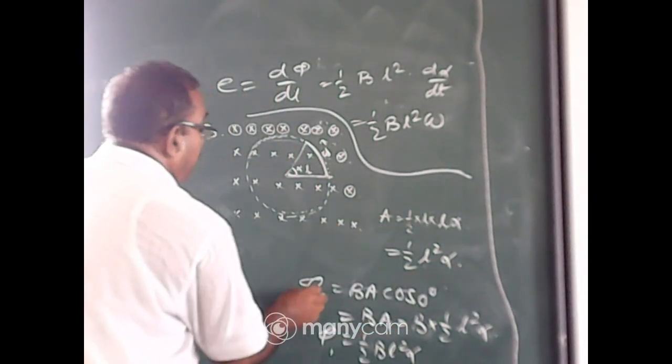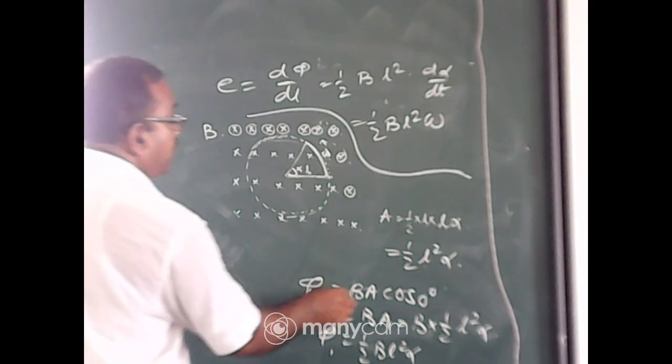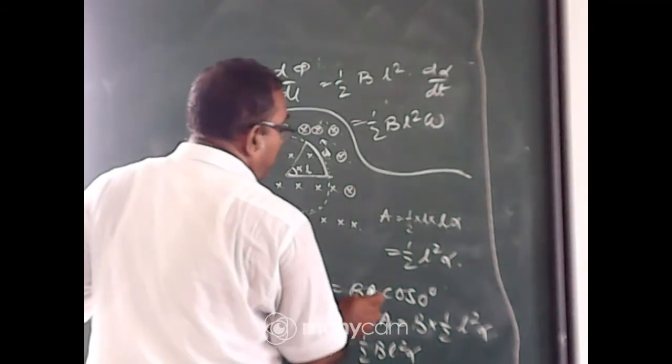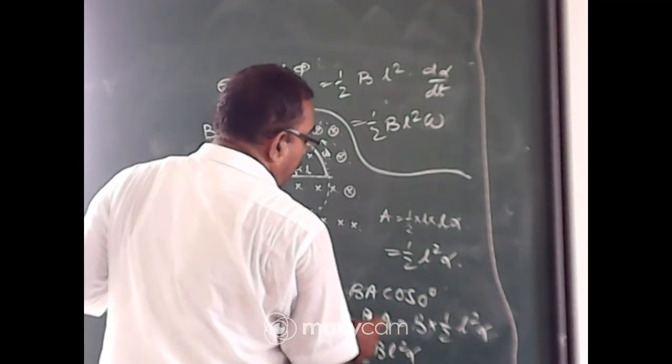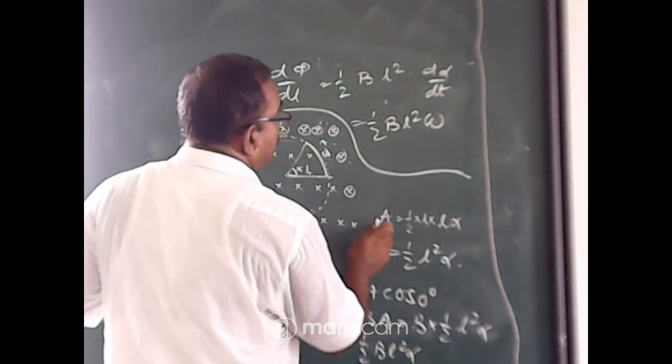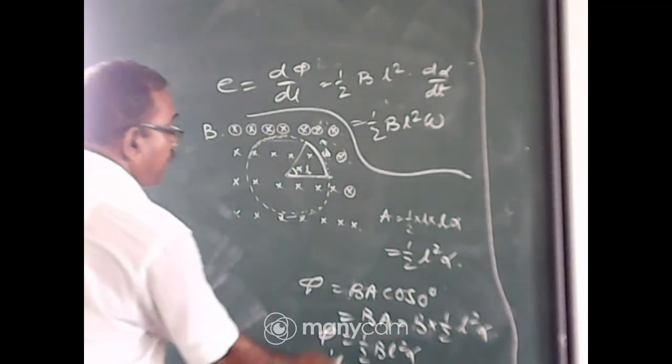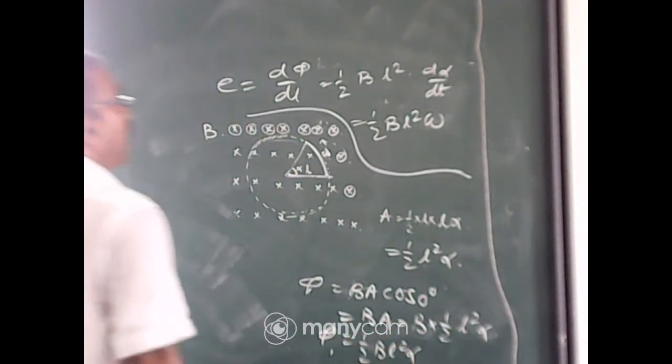Again, you find out the flux. Flux is B into A into cos of theta. Theta means 0 degree, cos of 0 means 1, so B into A. You put here the value of A equals half into L square into alpha. That value will be half into B into L square into alpha.